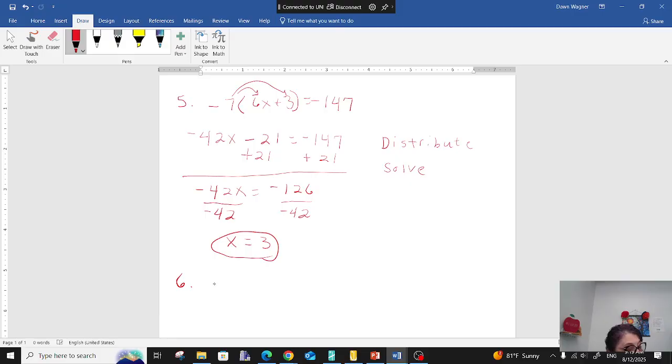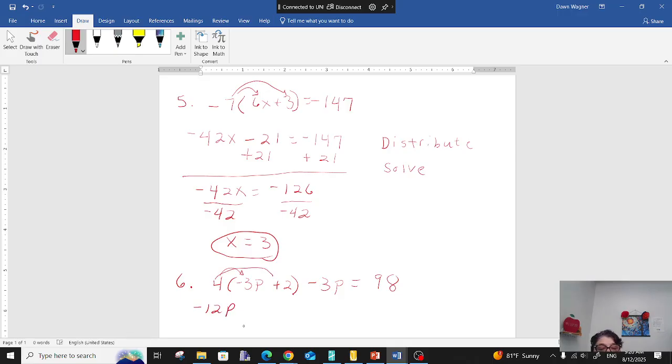So number 6, you have 4 parentheses -3p plus 2 minus 3p is equal to 98, right? Okay, so now I'm going to multiply. 4 times -3p is -12p.